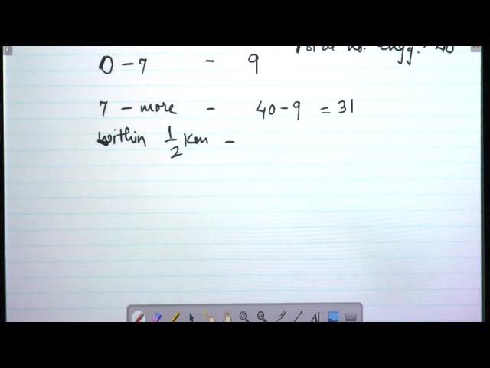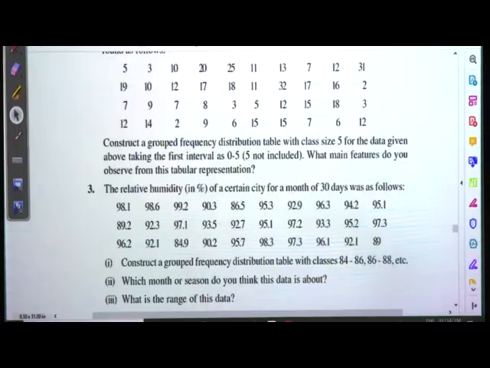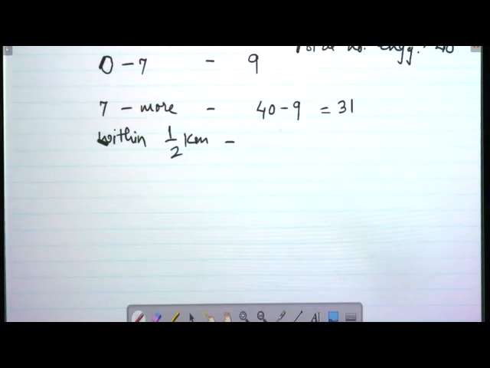Now within half kilometer, just now when we were checking, did we find any value in half a kilometer? You can see the data here. You cannot see any half or anything. So it is 0.